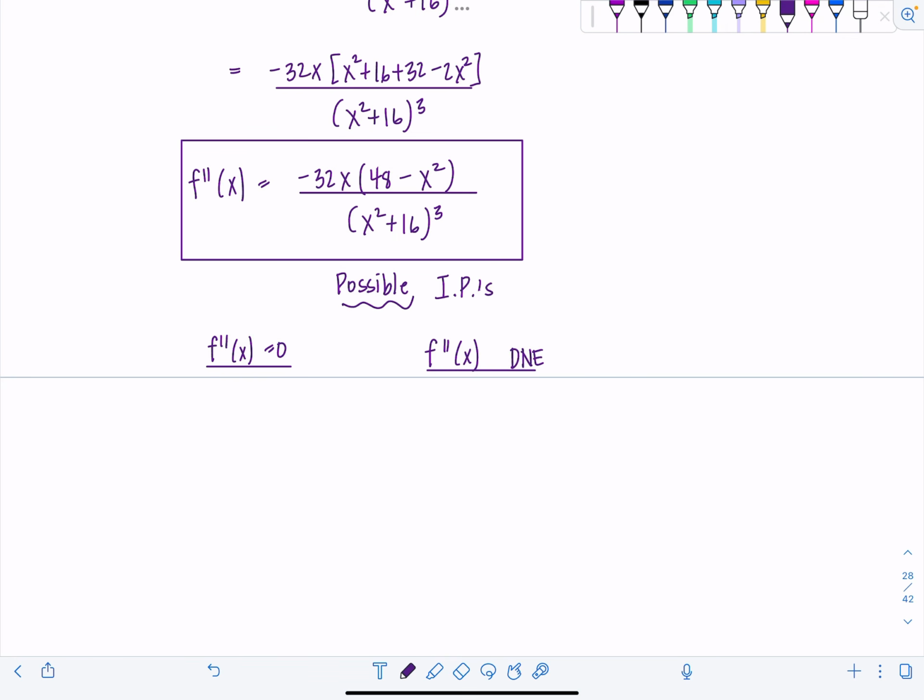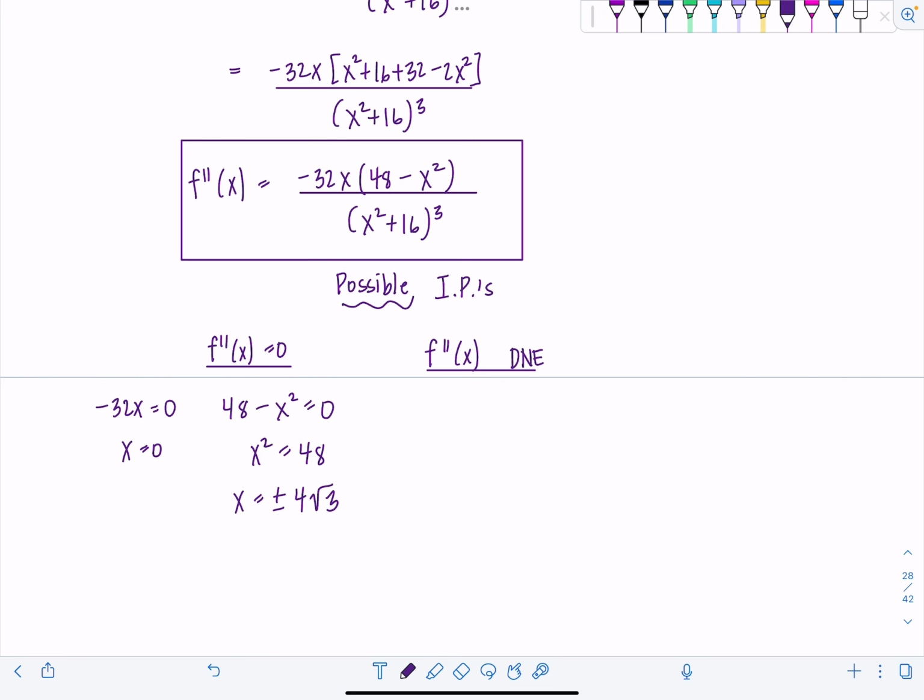If the second derivative is 0, either negative 32x is 0 or 48 minus x squared is 0. So either x is 0 or x squared is 48. So x equals plus or minus square root of 48. 48 is 16 times 3, so that would be 4 rad 3.